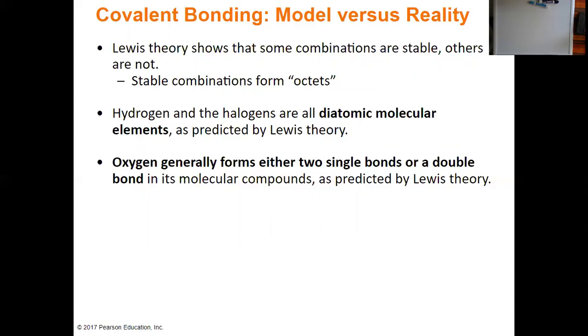Okay? We'll be able to figure out trends in different atoms. This is why, for example, hydrogen and the halogens are all diatomic molecular elements, because they have a stable structure that way. We'll also see why oxygen generally forms 2 single bonds or a double bond with other material in its most stable molecular compounds.